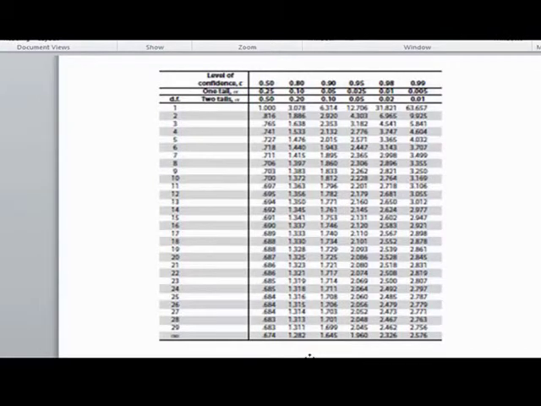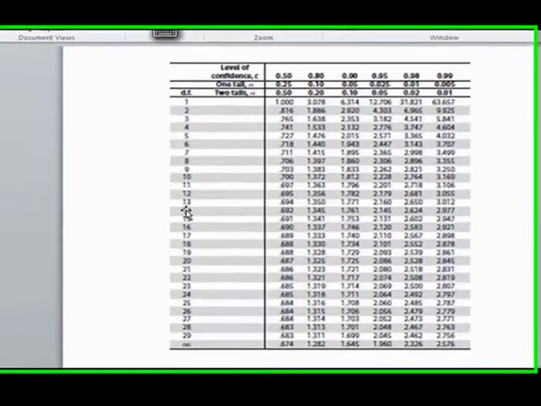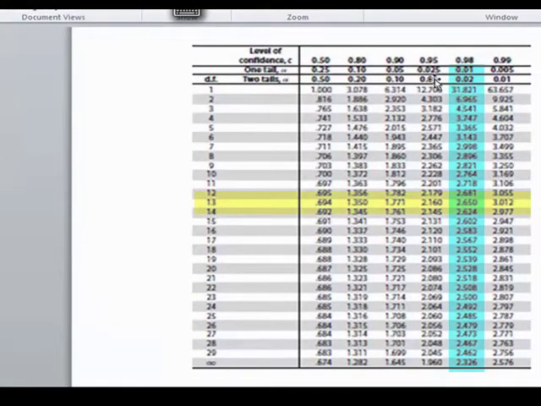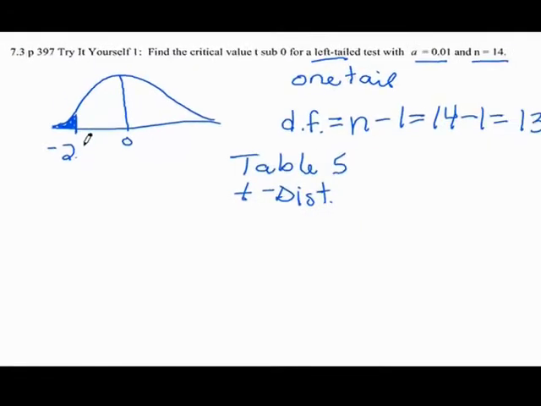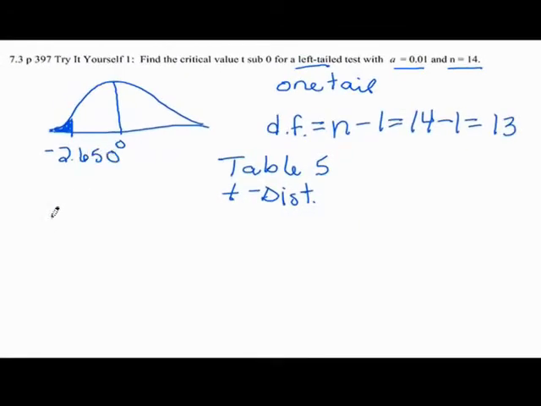We've got the degree of freedom is 13, and our alpha is 0.01, but I also know that's a left tail test, which means it's one tail. So we've got our one tail, 0.01, and we're going down to 13, so we get 2.650. So this is going to be negative 2.650. So our t sub 0 here, our critical value, is negative 2.650.